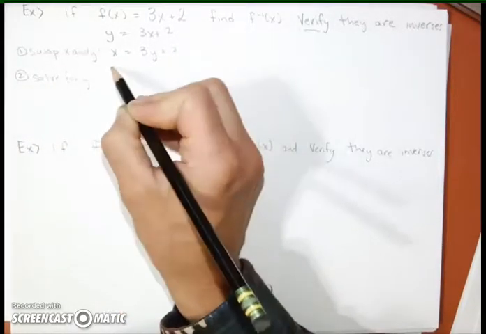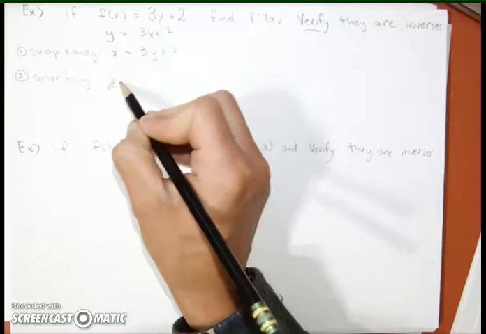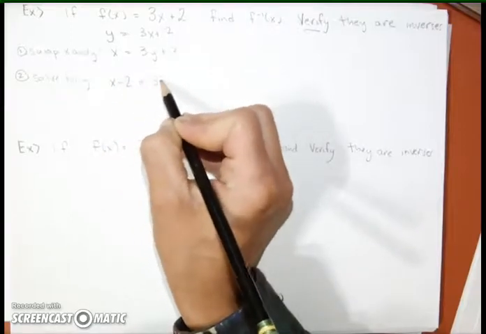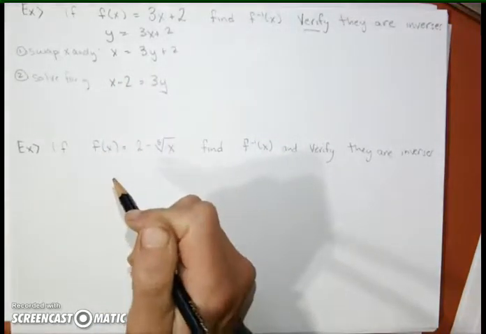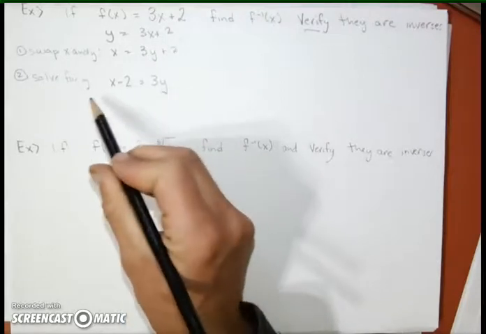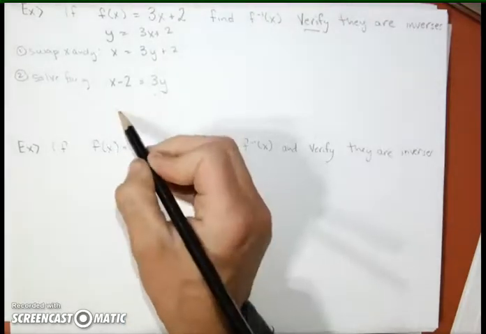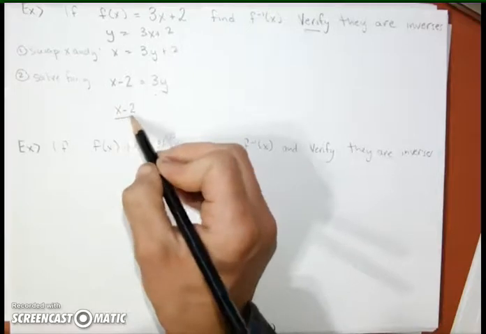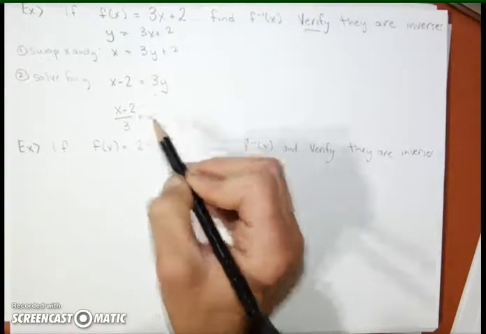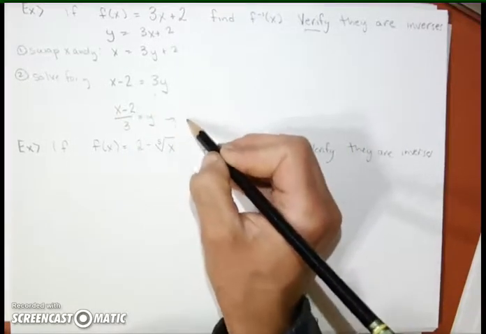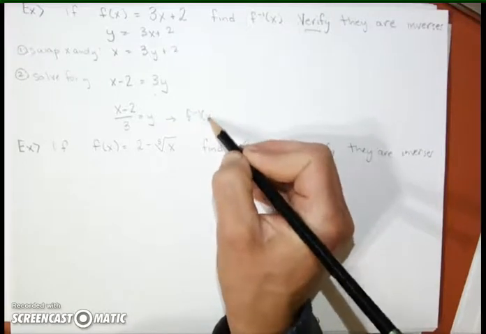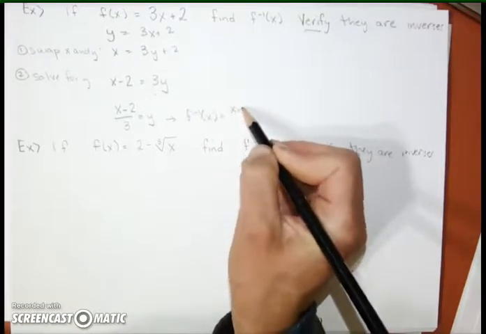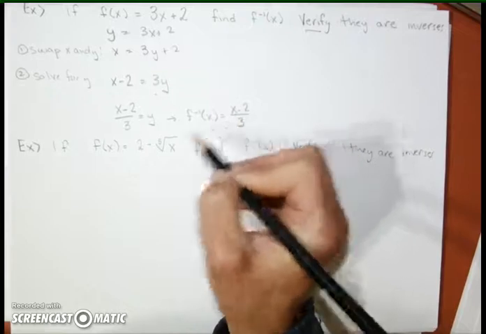So I'll subtract 2 from both sides. I get x minus 2 equals 3y. To isolate y, now I have to divide both sides by 3. So (x minus 2) over 3 equals y. This says that the inverse function, f inverse of x, is (x minus 2) over 3.